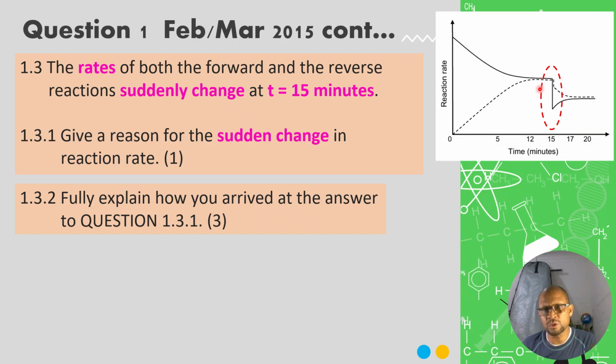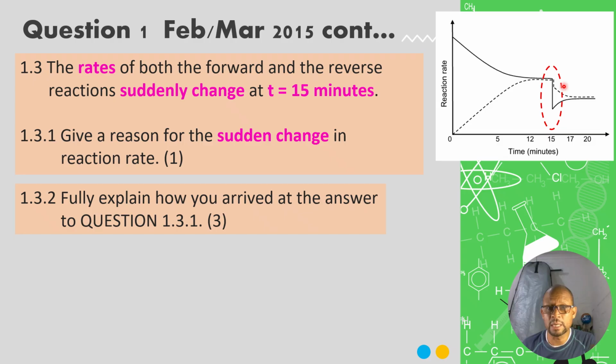Now, as I said, it is at the 15th minute in the graph. You can see there's a sharp change, and that will be the forward reaction. And there's a slight drop in the reverse reaction. So when we see that both of these are dropping or increasing, but they're not changing by the same quantity, we know it's temperature. If both of them change by the same length, then I know it will be a catalyst.